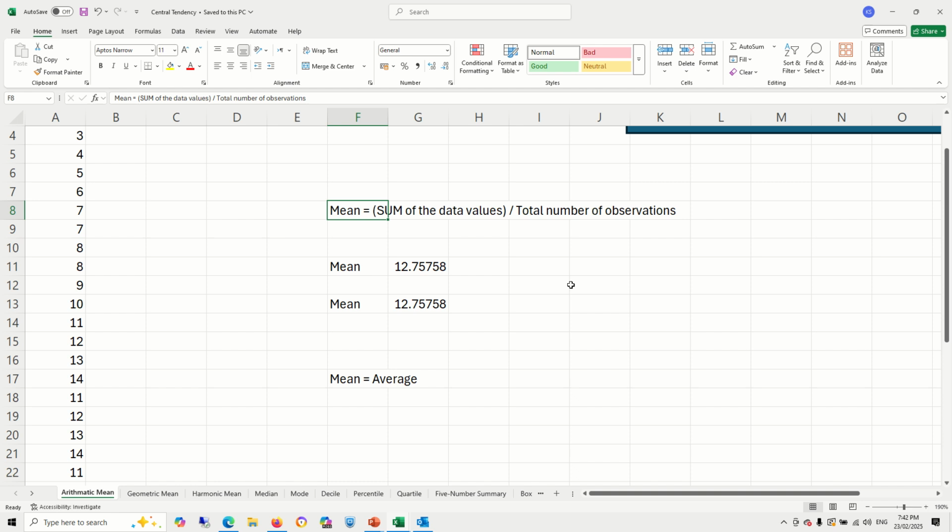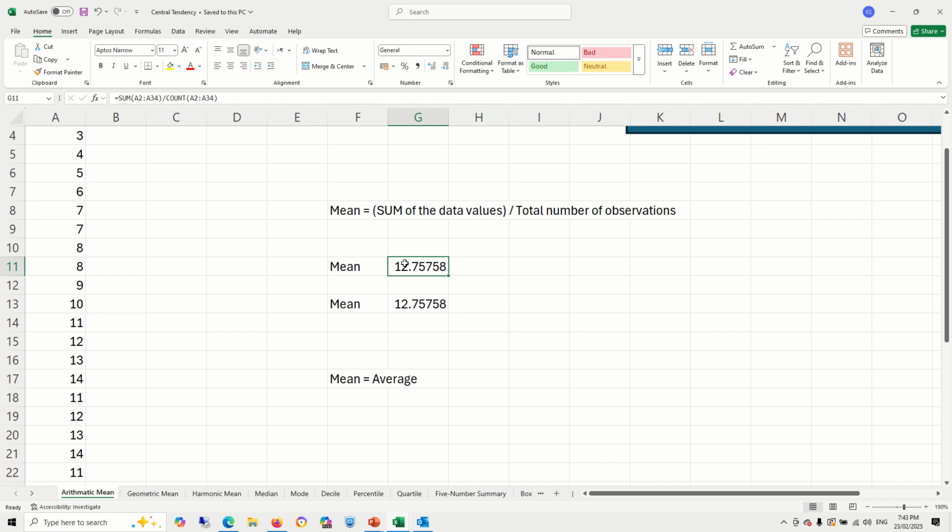You will simply take the total of all these sales, the first month plus the second month plus the third month, then take this total for 12 months and divide it by 12. That will give you simply the average, or the arithmetic mean.